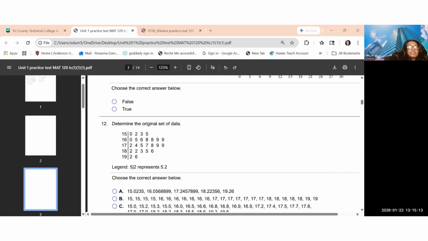Remember, in a skewed right distribution, the mean is greater than the median. In a skewed left distribution, the mean is less than the median. So here mean is greater than the median because it's skewed right. Here mean is less than the median because it's skewed left.